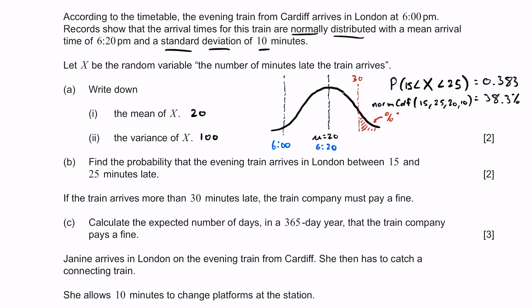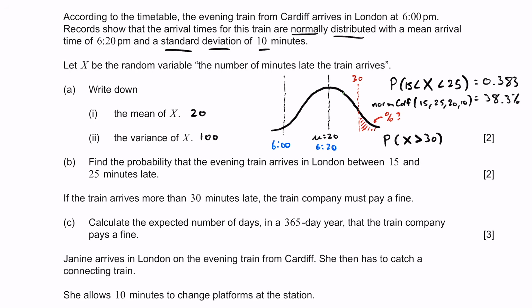What is the probability that this train arrives more than 30 minutes late? This is again going to be a normal distribution question. Before going to the calculator, let's write out what that would look like. This is the probability that the number of minutes late is greater than 30 minutes.